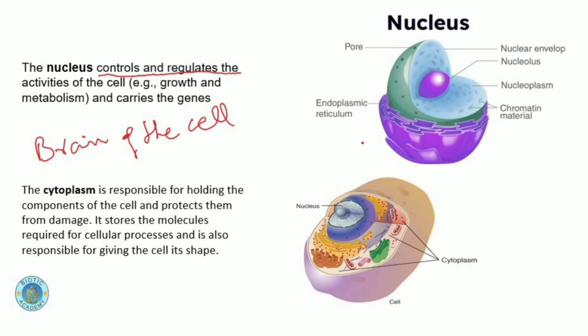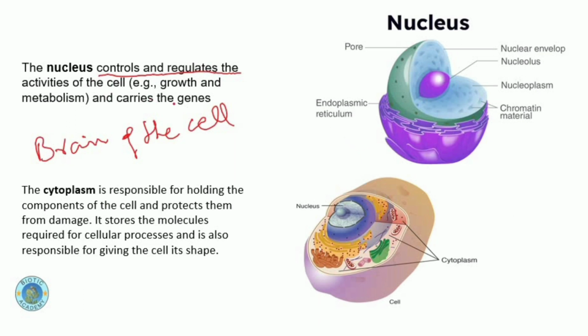There should be someone controlling whatever is going on within the cytoplasm. Even the transfer of material inside the cell and outside the cell, endocytosis and exocytosis, these are the different terms we use for the exchange of material. These are all processes controlled by the nucleus, and the nucleus performs this job very well.